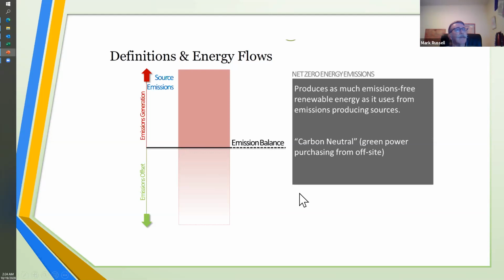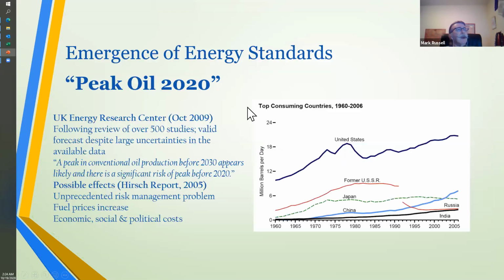So we discussed already that so much of our energy comes from fossil fuels, and there's been lots of research into how much fossil fuel there is. It's a limited quantity, and so we want to figure out at what point we pretty much maximize our use of it.